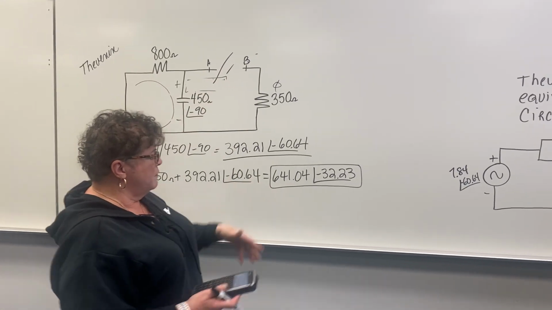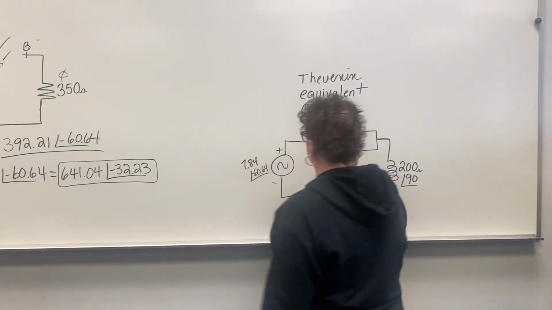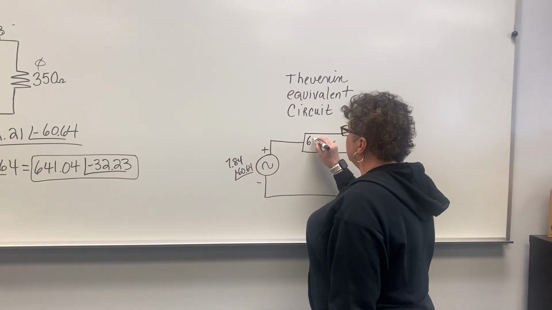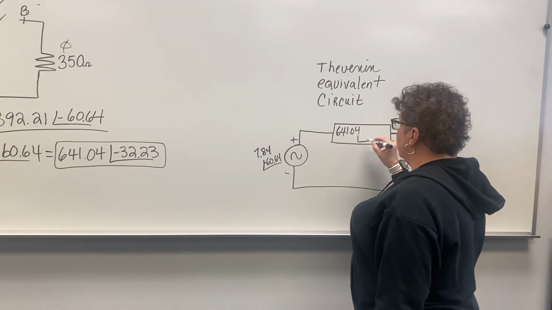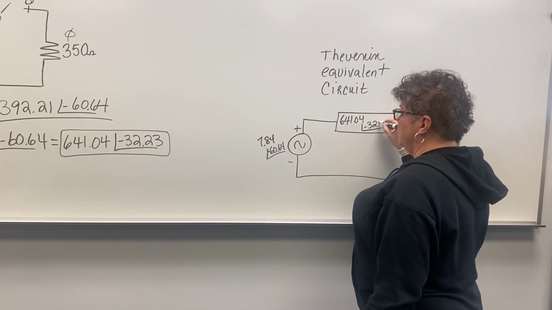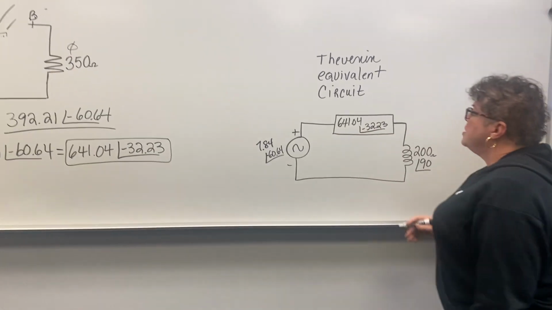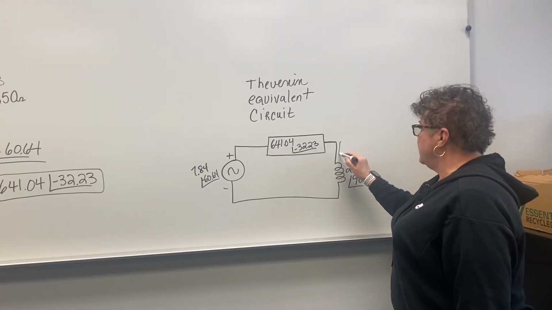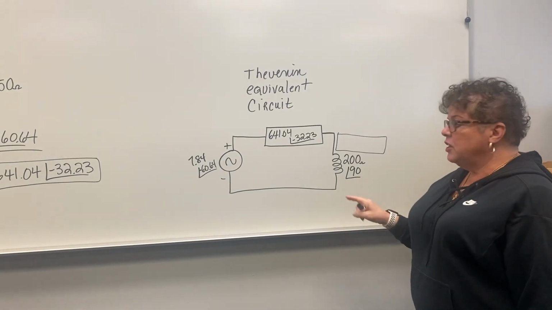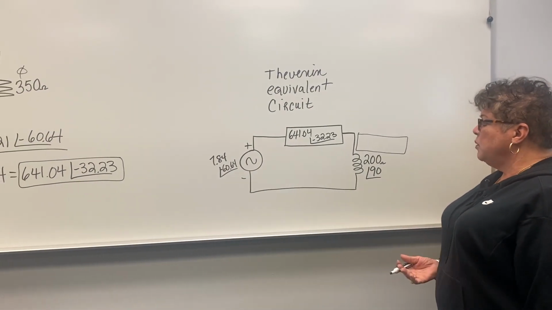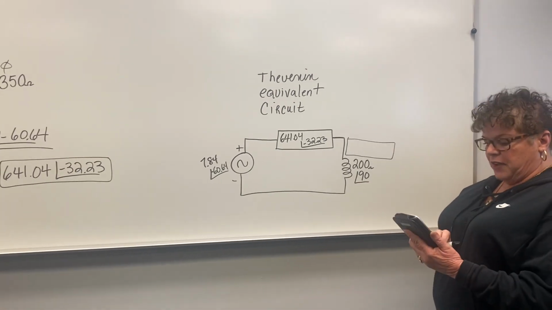So this is our ZTH, and this goes in our Thevenin equivalent circuit as ZTH 641.04 at an angle of -32.23. Now the last step with Thevenin is to get the voltage across the load within the Thevenin equivalent circuit. So what can we use? We can use the voltage divider rule.